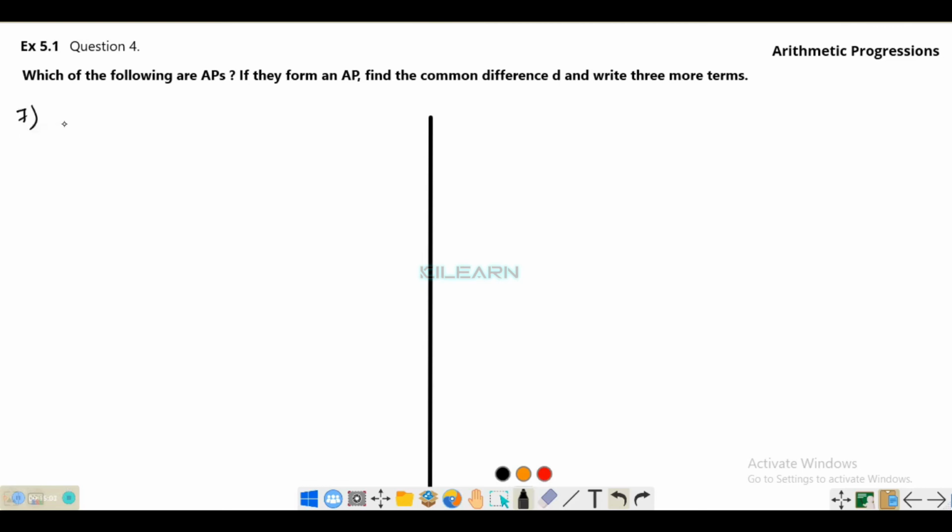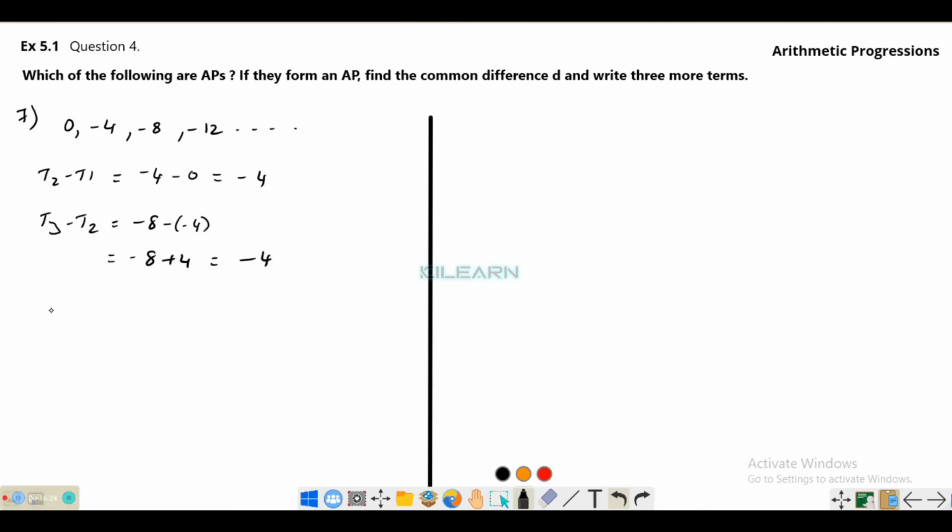So seventh question, 0, minus 4, minus 8, minus 12, dot dot dot. T2 minus T1 gives us minus 4 minus 0, which is minus 4. T3 minus T2, minus 8 minus of minus 4, gives us minus 8 plus 4, it is again minus 4.